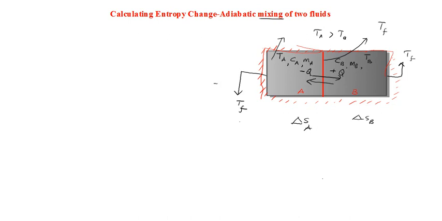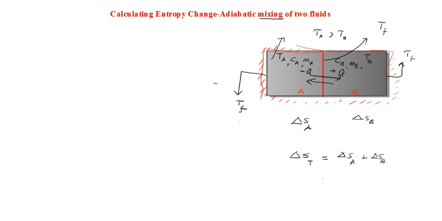The total entropy change in the process will be delta S total equal to delta SA plus delta SB. Since it is an adiabatic enclosure, like an isolated system, you need not talk about anything outside.